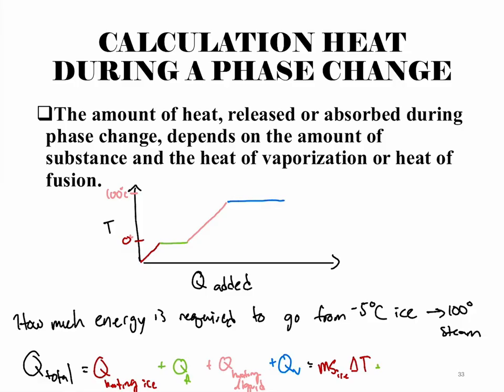We add that to the mass of ice that's going to be melting times the heat of fusion. Then we add that to the mass of water times the specific heat of liquid water times the change in temperature.